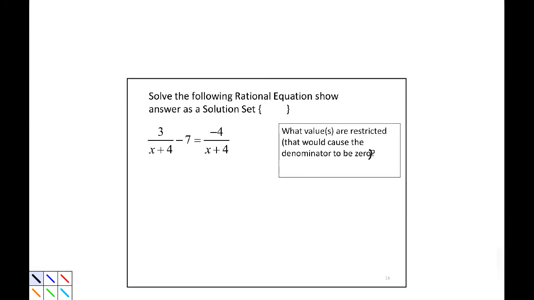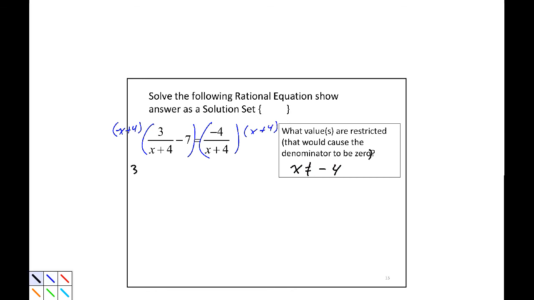All right, we have one last example for this segment. Again, what can our denominator not be? Well, it appears that since we have x plus 4, the opposite of 4 is negative 4, so x is not equal to negative 4. Now let's multiply everything through by the least common denominator, which is x plus 4. So I'll multiply every term by that.